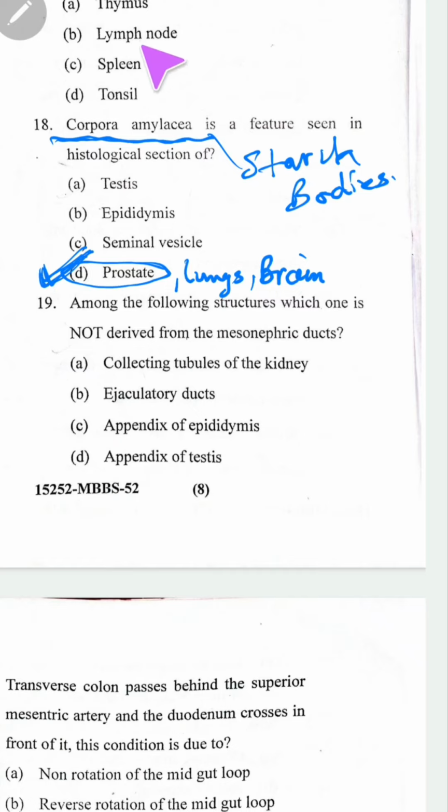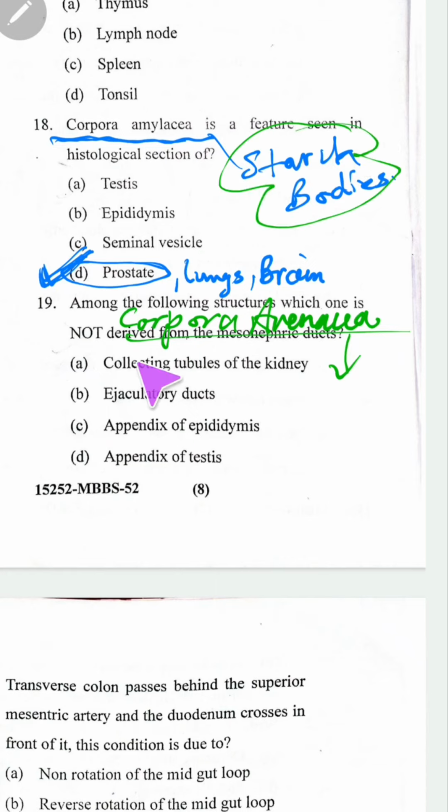For your added knowledge, let me remind you of another word, corpora arenacea. This is a hallmark identifying feature of... Like corpora amylaceae is called starch bodies, corpora arenacea is called brain dust.